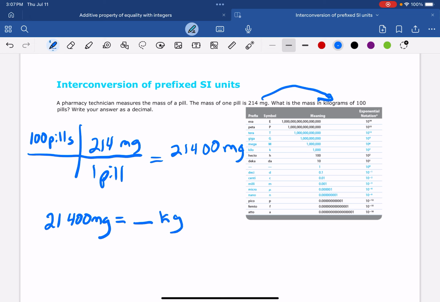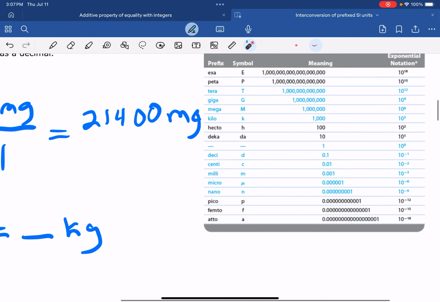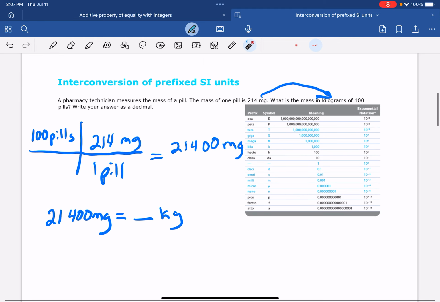So what we're going to do is look up what our kilo is. Now, when I say look up, we're already going to know this. Kilo is 10 to the third, and milli is 10 to the negative 3. So on top of each of these, we're going to write the exponent: 10 to the negative 3 on top of milligrams, and 10 to the third on top of kilograms.